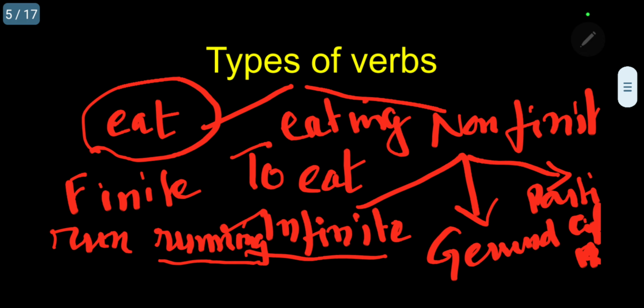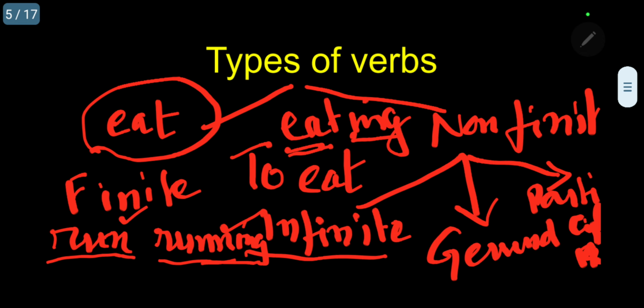If the end letter is one of these nine letters and the preceding letter is a vowel, the end letter will be doubled. If the end letter is not within these nine, then simply add ing. If the verb has more than one vowel with these end letters, simply ing should be added. This is very, very important regarding gerund.